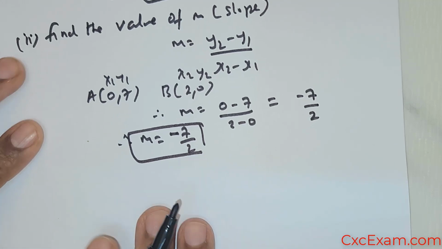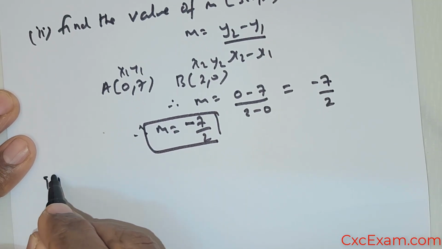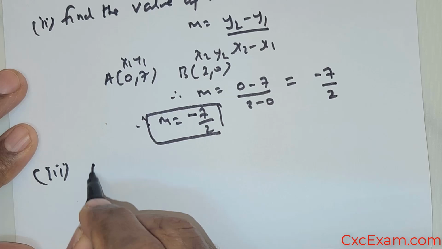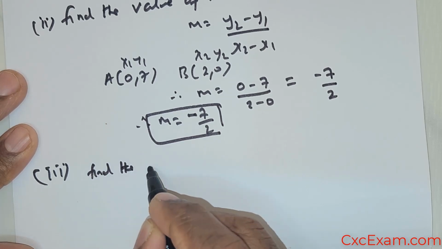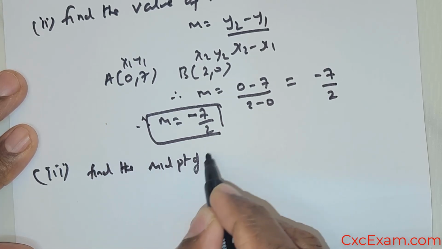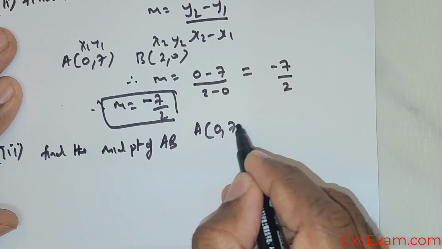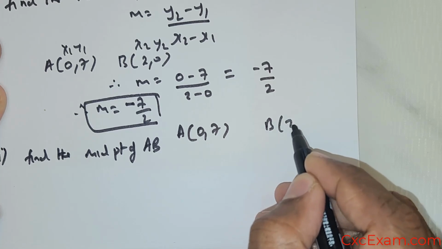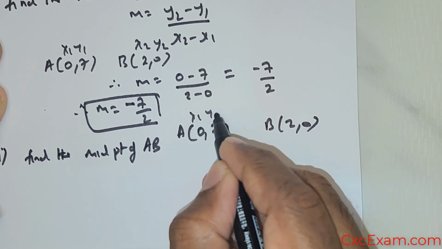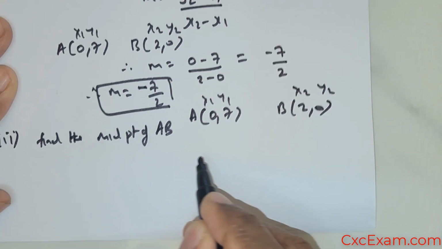This is the slope. Now the next question is asking you to find the midpoint of the line AB. As I mentioned to you, A has got 0, 7 and B has got 2, 0. So this is x1, y1, x2, y2.